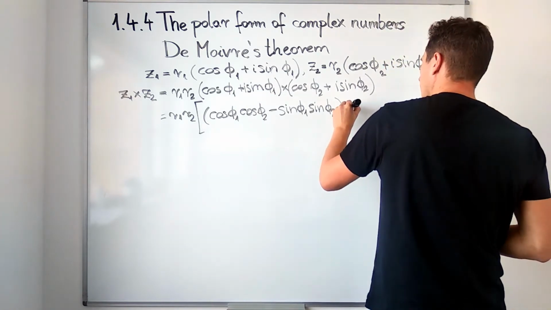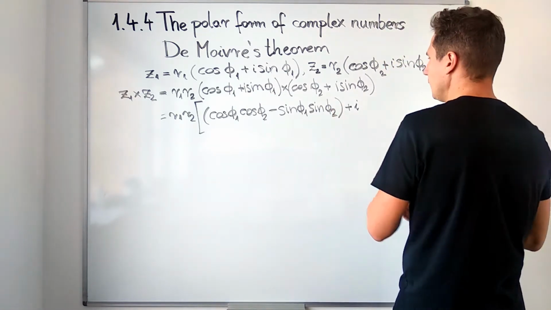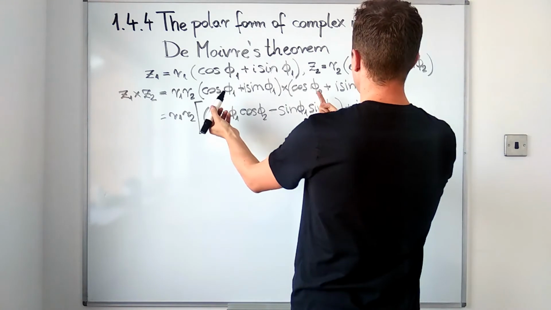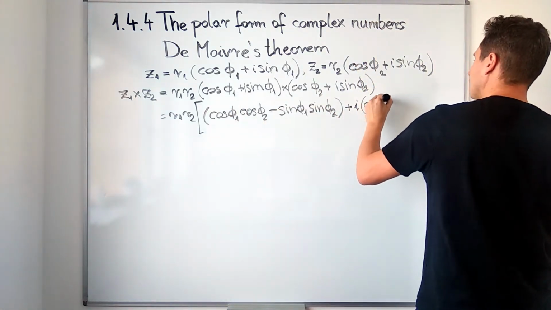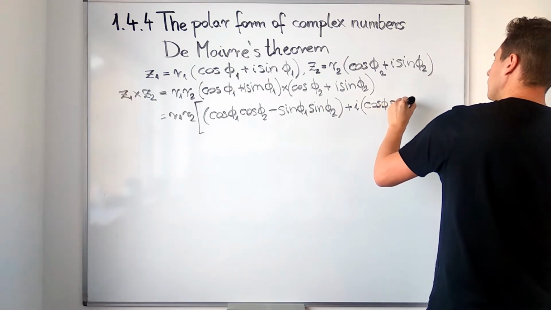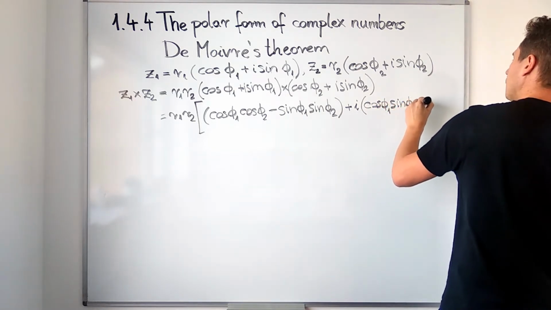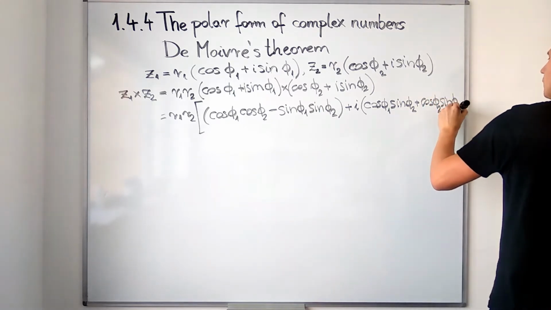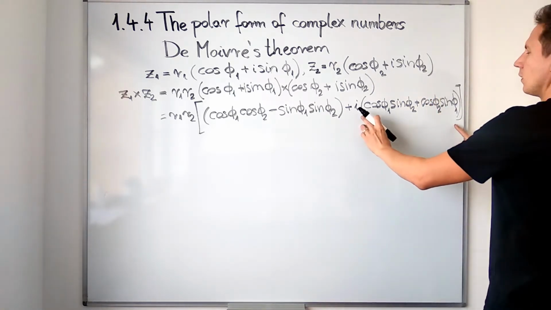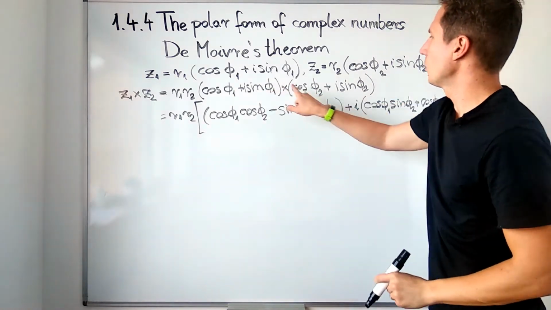The imaginary part, what multiplies I, will be of the form the cosine of phi1 multiplied by the sine of phi2 plus the cosine of phi2 multiplied by the sine of phi1. So that is the imaginary part of that product.